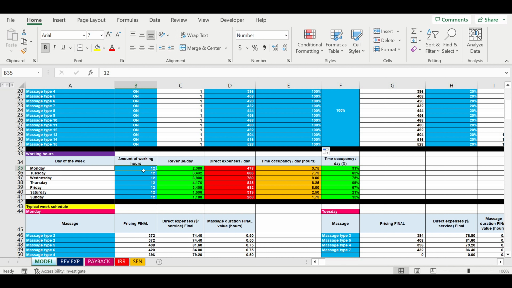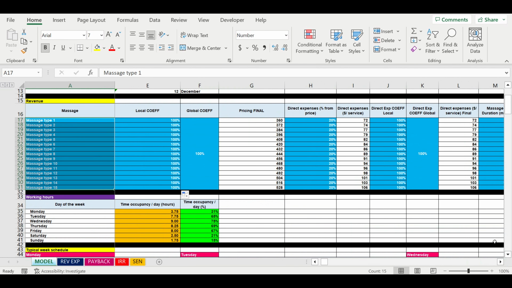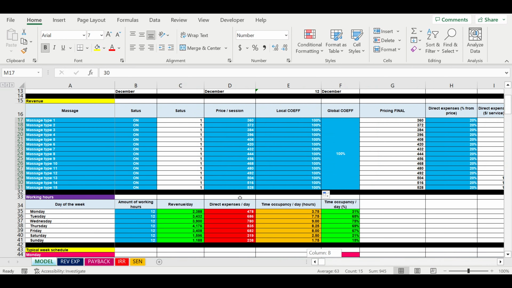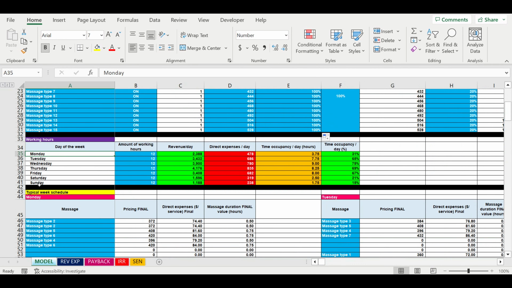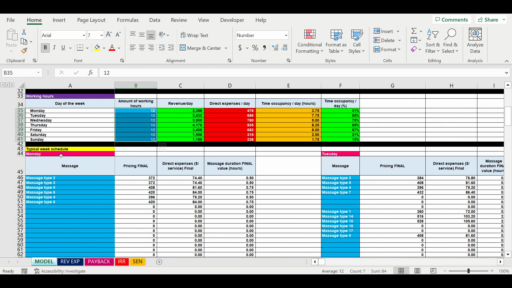You will get an incorrect profit and an incorrect simple and discounted payback period. That's why we started with specifying the services, and that's why we introduced the parameter of duration of services. Then we specify, from Monday till Sunday, the amount of working hours per day in our massage salon. And then we are taking the typical week.